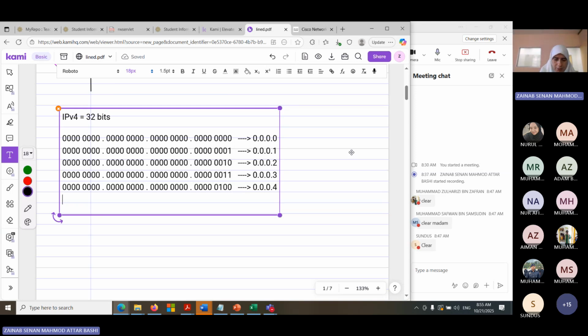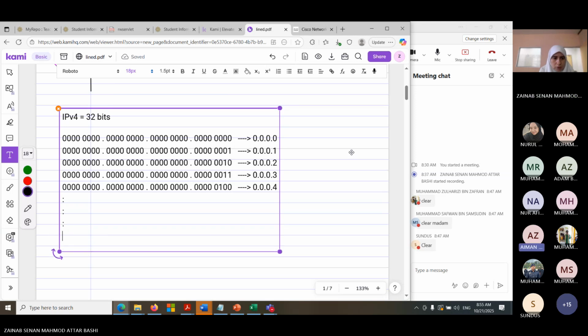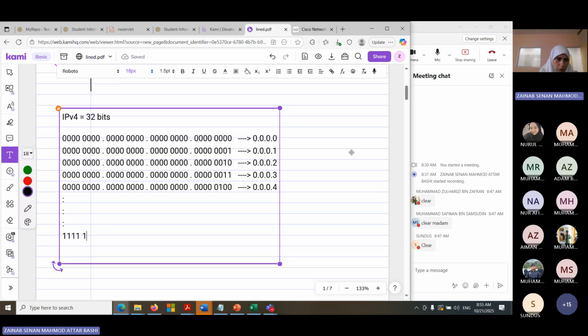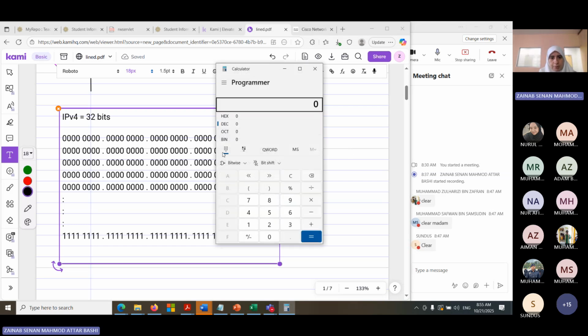So what will be the last IP address? All ones: 1111 1111 1111 1111 and so on. If I change this to decimal, let's bring the calculator, although this number you should remember at all times.